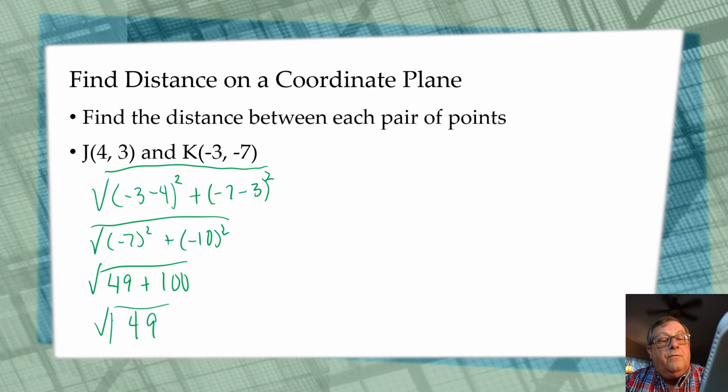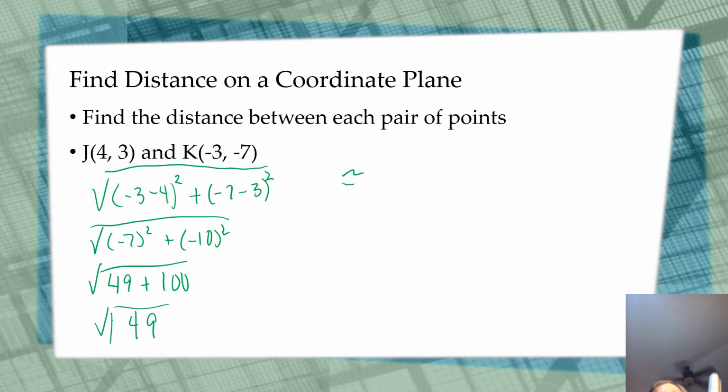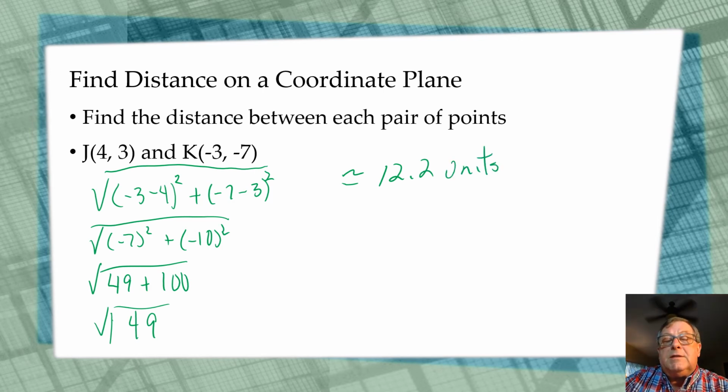The square root of 149 is going to be a little over 12. So the distance here then is approximately 12.2 units. Whatever my unit of measurement is, and in this case I do not know.